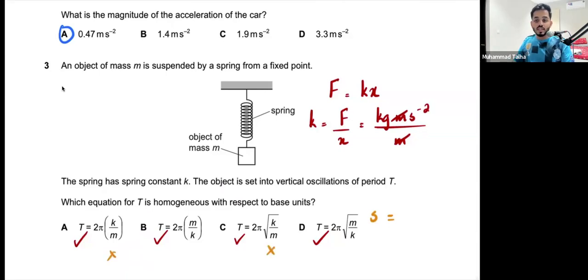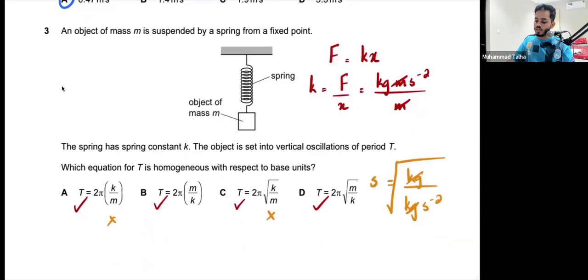So it's definitely in the denominator. So it's going to be like kg per second square in the denominator and kg here. But even if the kgs cancel out, I'm going to be left with a second square. So to get rid of the square, I would also need a square root. So if you look here, I had m here in the numerator and k in the denominator. So it's root m over k, which is T. Right? So that's the answer to this one.